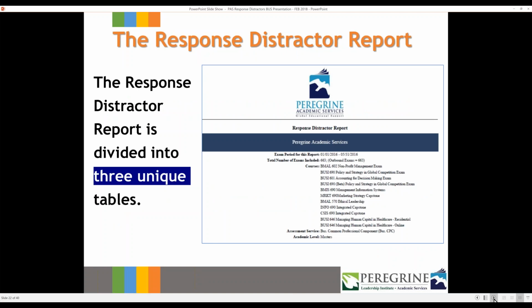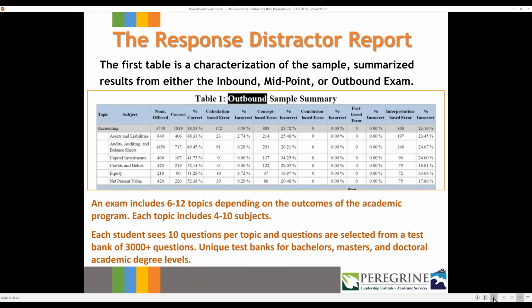So we have 3 sets of tables in the response distractor report. This is the title page of the report with the general information of the assessment. The first set of tables looks at your sample data. All of our reports are quite detailed, so we break them out by topics, which are made up of subtopics and subject areas.